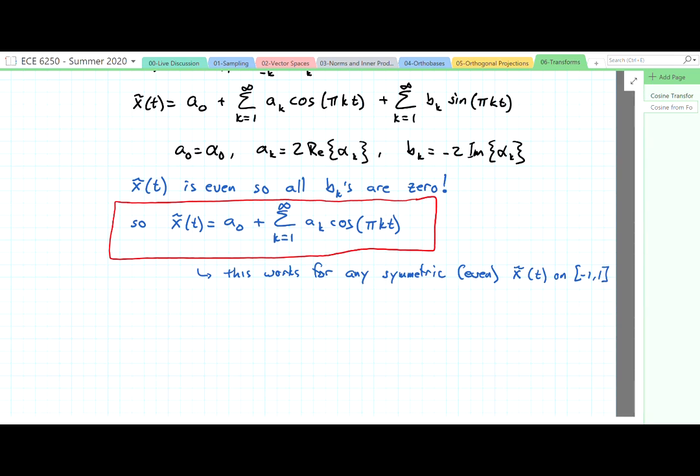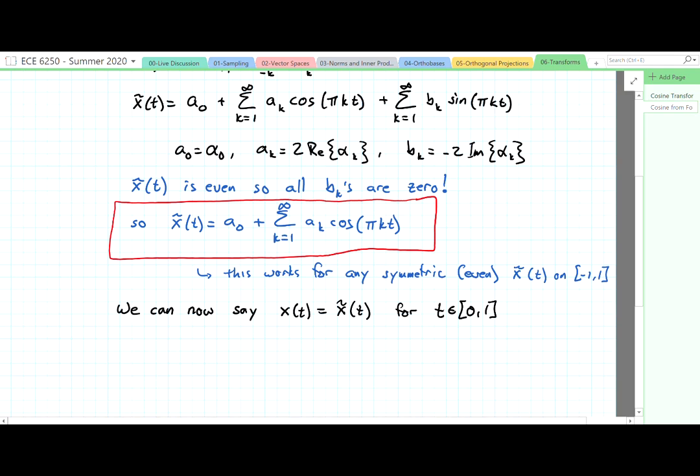However, since x of t is just part of x tilde, we can now say, kind of going the other way around, x of t is equal to x tilde of t for t in the interval 0 to 1. That's by definition. That's how we started out.